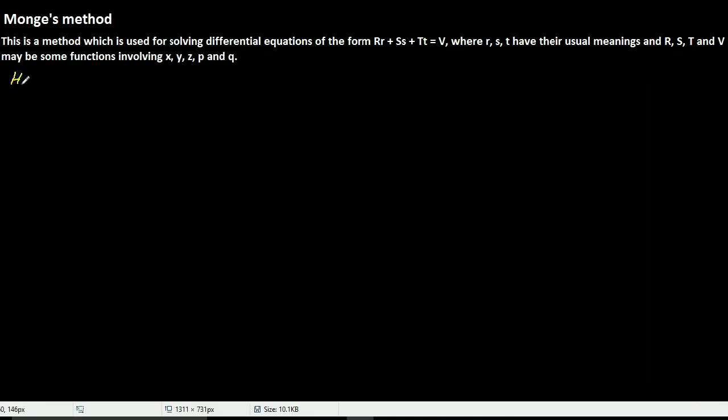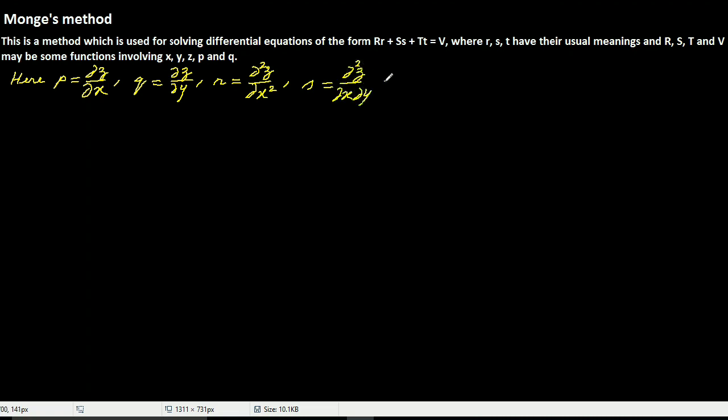Here in differential calculus, p stands for the partial derivative of z with respect to x, that is del z over del x. q stands for the partial derivative of z with respect to y, that is del z over del y. r is used to denote del 2z over del x squared, that is the partial derivative of p with respect to x. s is equal to del 2z over del x del y, that is the partial derivative of q with respect to x.